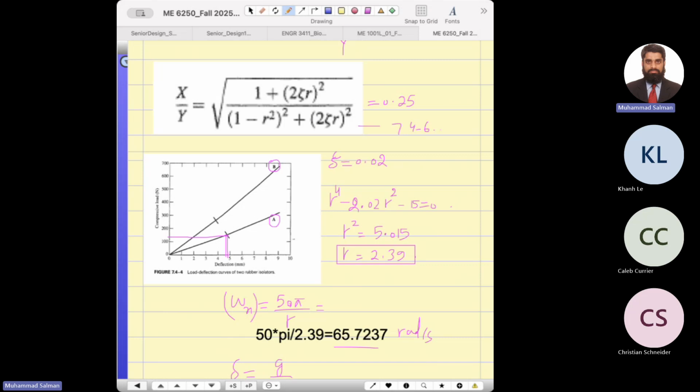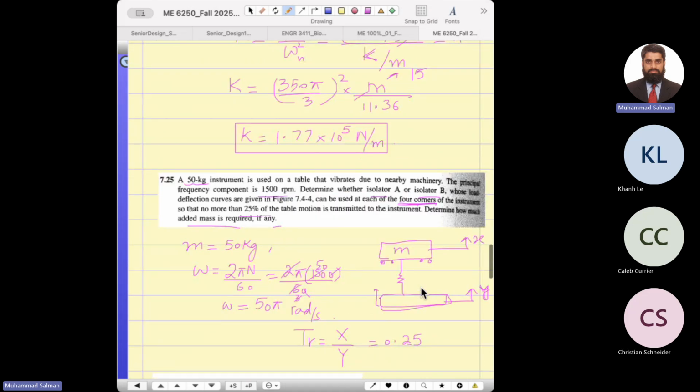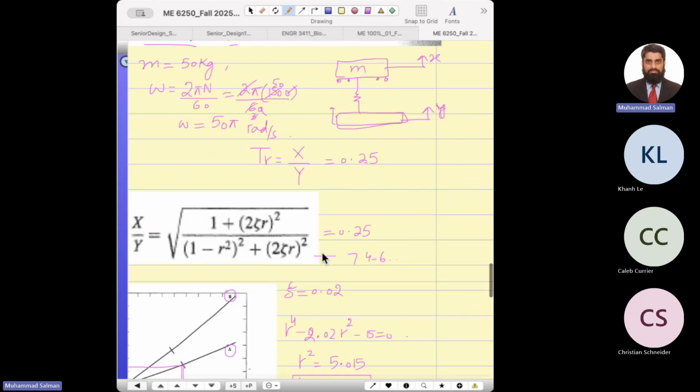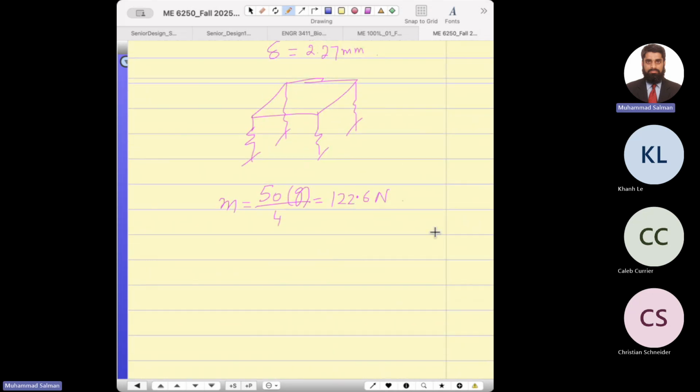Okay guys, so that's how we find this force transmissibility, the displacement transmissibility. So what I'm going to show you here, the safe static load for this isolator, k times delta, is 150 Newton.